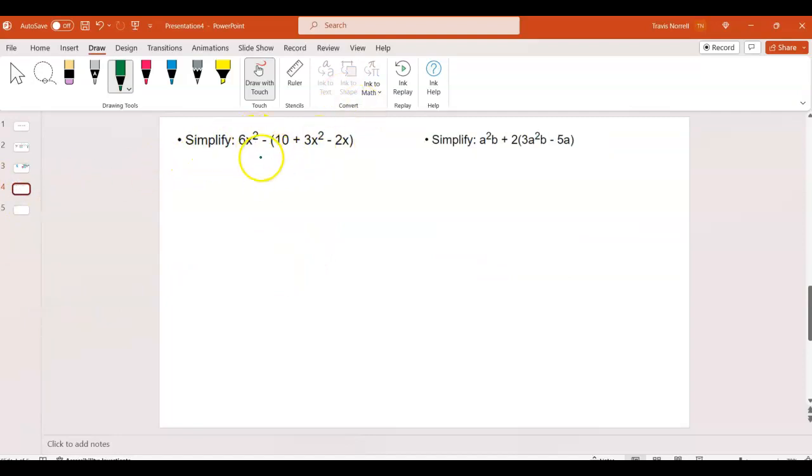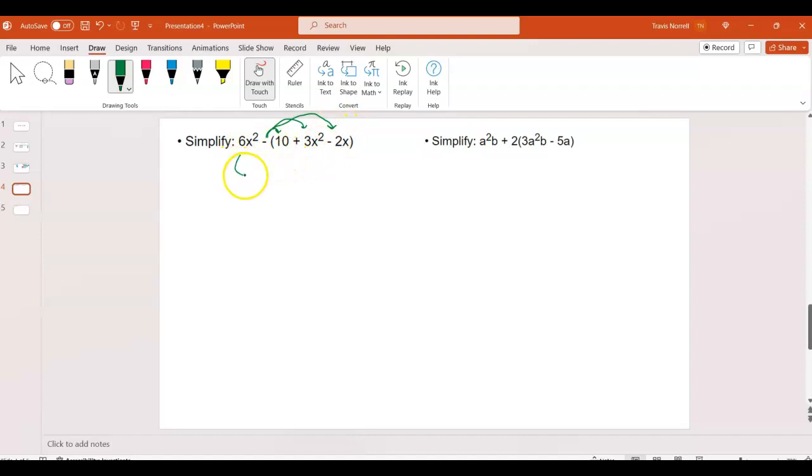This time you'll notice that I have a minus sign I need to distribute to each value inside the parentheses before I can combine like terms.